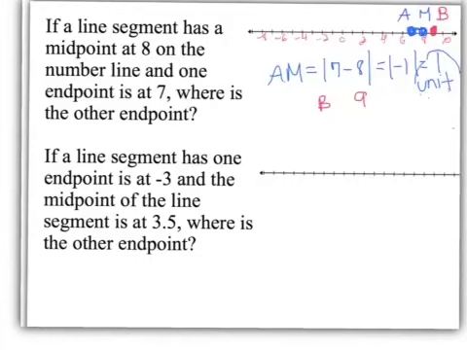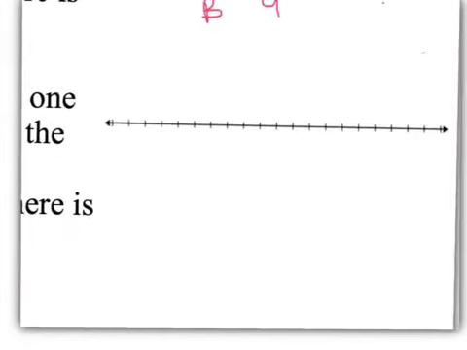A line segment has one endpoint at -3, and the midpoint of the line segment is at 3.5. Where is the other endpoint? So again, let's take a look at our number line.